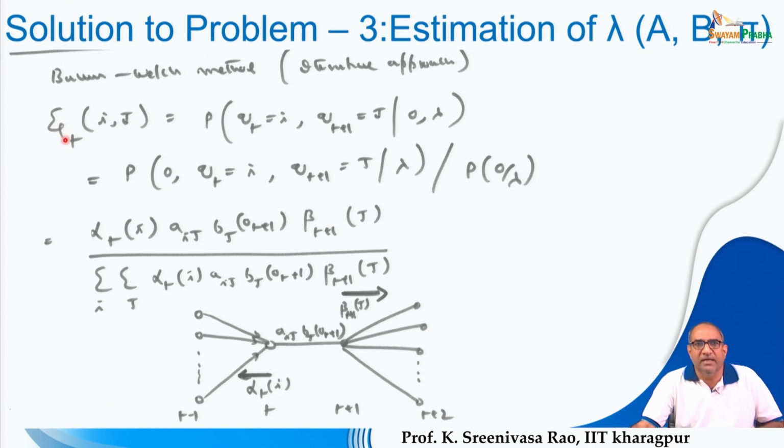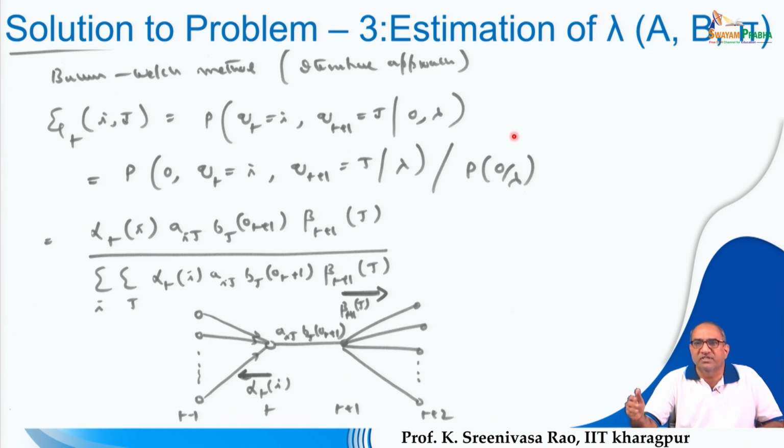Alright. So, here we are assuming one more variable, say psi t or eta t of i, j. Its definition is the probability of the system being in state i at time t, and in state j at t plus 1, given O and lambda. Means that eta t of i comma j indicates that at time t the system is in state i, and at the next instance the system is in state j, given the observation sequence and lambda.